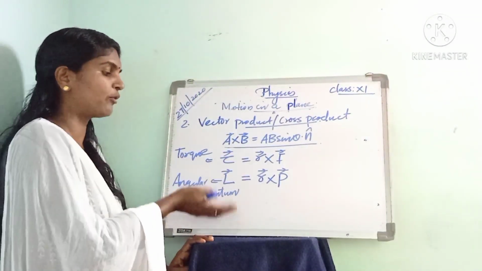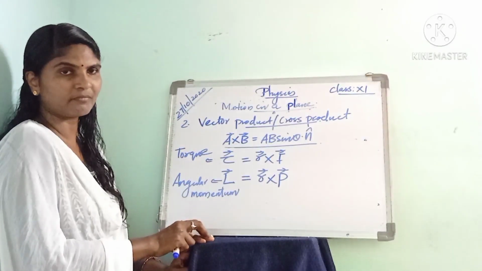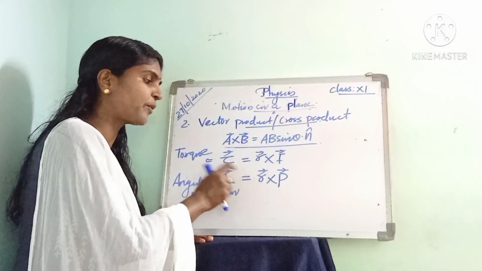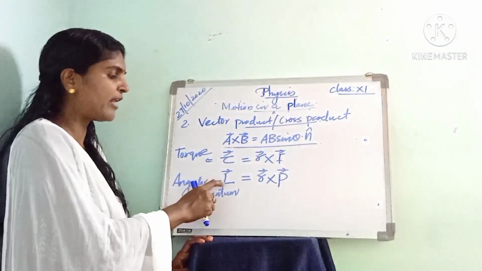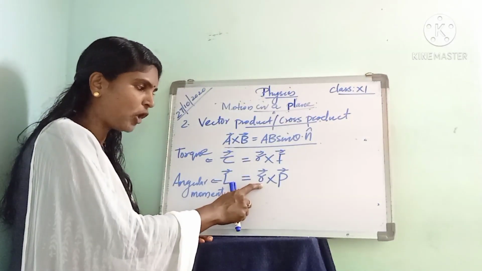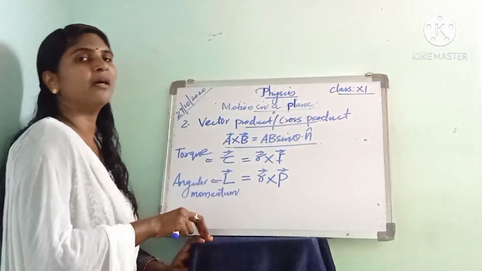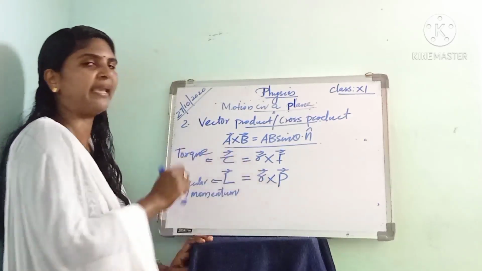It is the rotational analog of linear momentum. So angular momentum L is equal to R cross P.